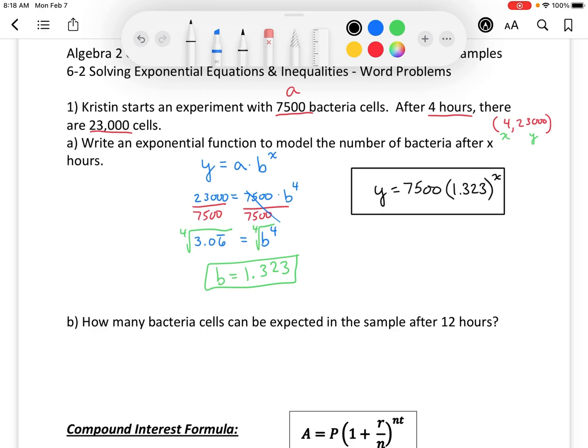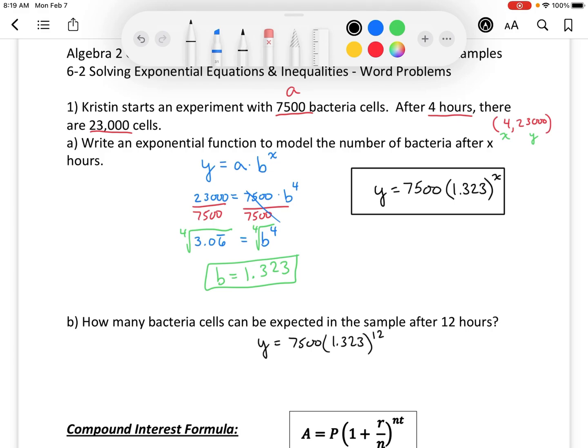Now the next question says, how many bacteria cells can be expected after 12 hours? So remember, time is the x. So we're going to plug in 12 for x. Writing that here, it's going to look like this.